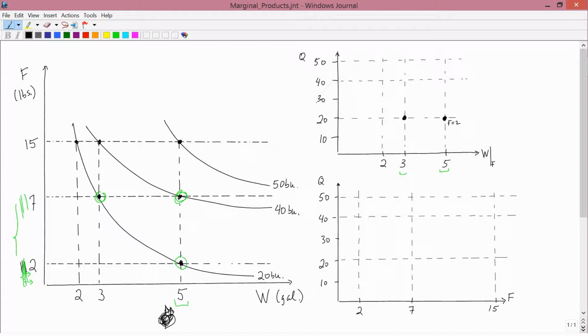So at W equals 5 gallons, we can produce 40 bushels of corn. Okay. And that's, again, what happens when F is fixed at 7. So that's what happens when F is fixed at 7 pounds.